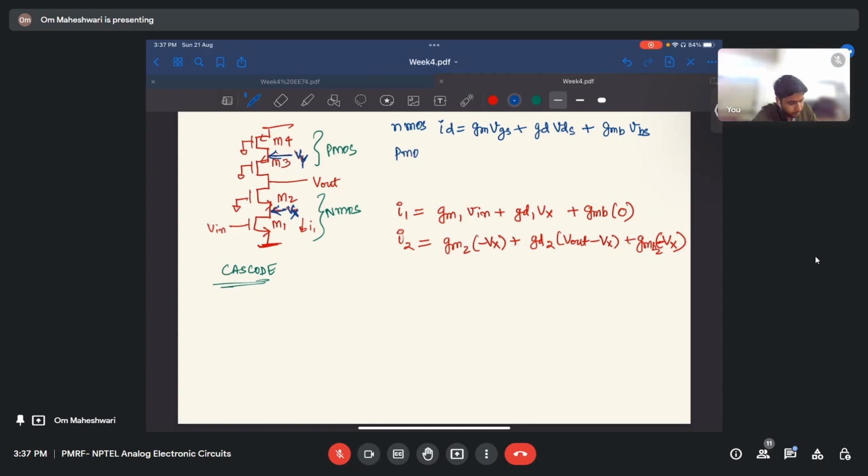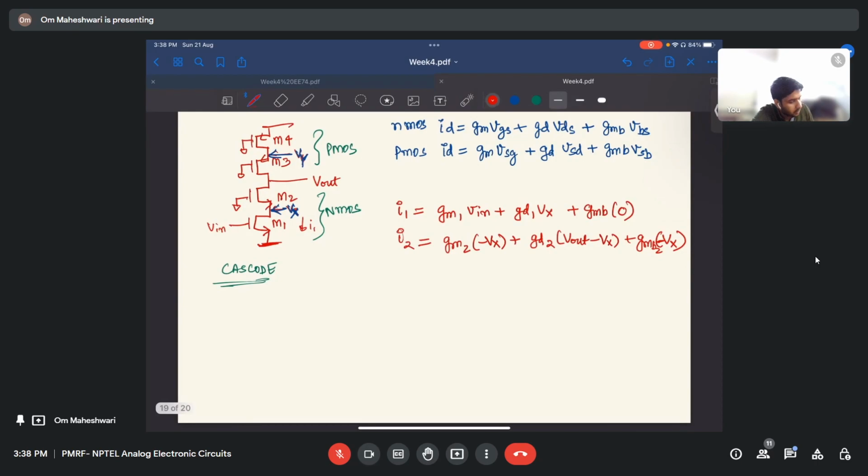For PMOS, ID is GM VSG plus GD VSD plus GMB VSB. That is why I have taken it negative Vs, because it will be VB minus Vs for NMOS, and VB will be ground and Vs is Vx. So that is why it is minus Vx.